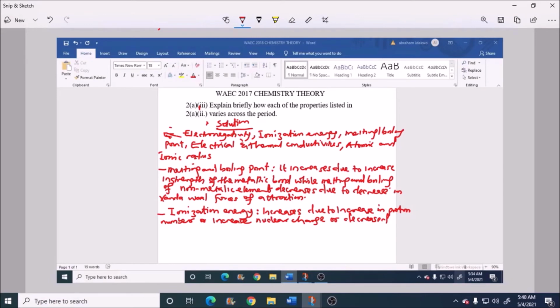So that is the trend in the variation of ionization energy across the period.